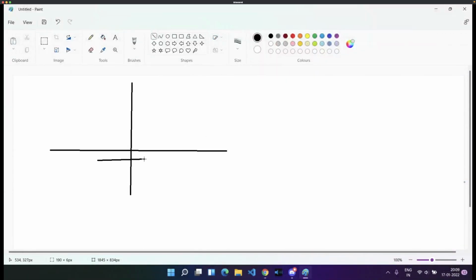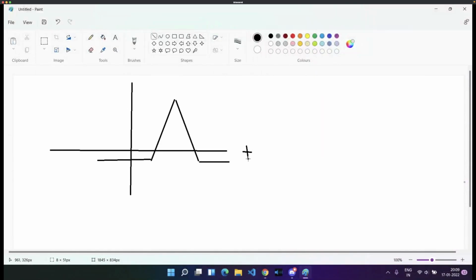So you've seen that this is how a butterfly looks, right?